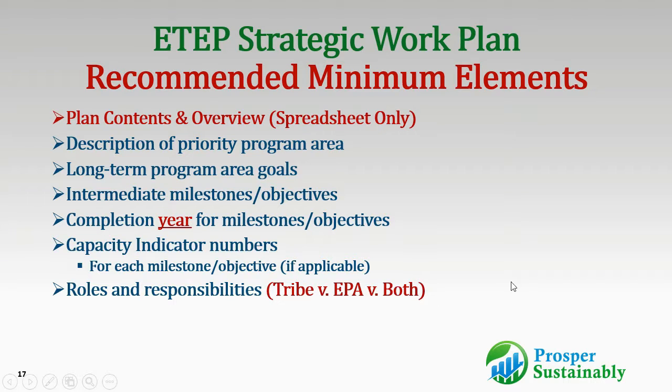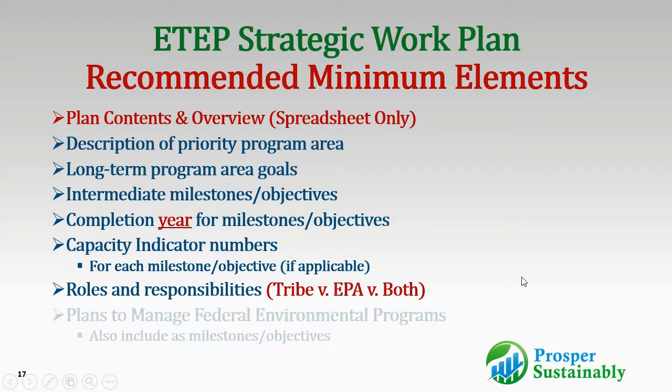The majority of them are going to be the tribe's objectives, but in this plan, you have an opportunity to actually address component number 2 of the ETEP, which is the EPA's programs and priorities. And you'll see how this will be addressed in the plan a little later on.